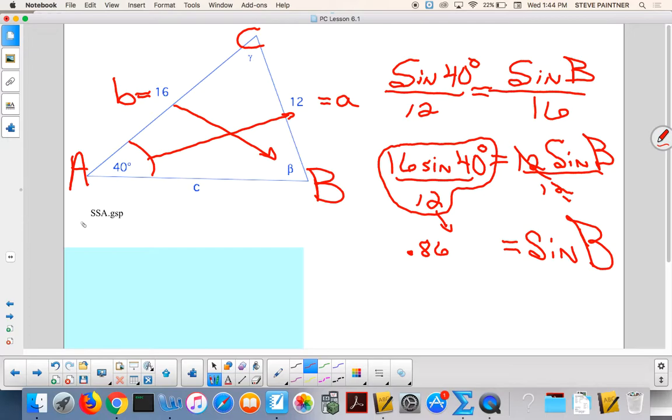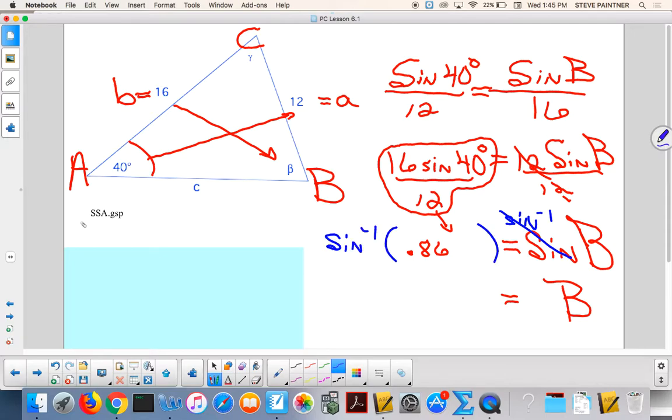Chloe said, I'll round that answer. And because she's rounding that answer, there's going to be problems. Because she rounded, my angle's going to be off by this much. Who knows? Little, it could be big. So here's my point, guys. You want B. The only way to get B is to do inverse sine, to knock out this. Okay, that's easy. You get your B, but you got to go inverse sine here.